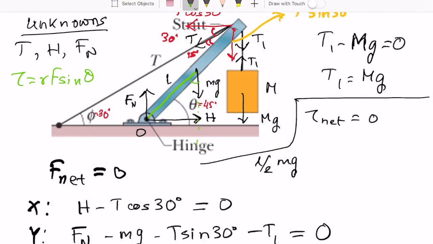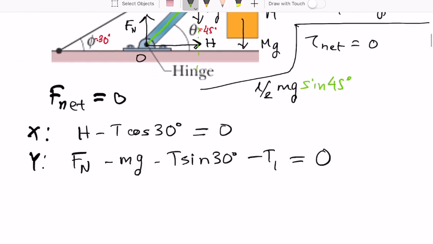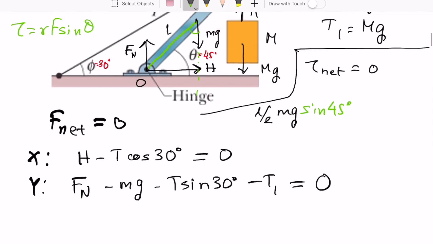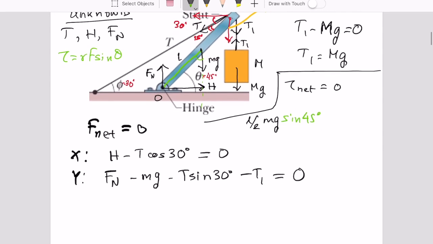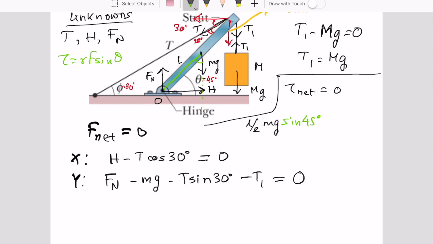And that's going to be 45 degrees. So L over 2 mg sine 45 degrees, directly from r F sine theta. Okay, the next torque that we are going to calculate is going to be the torque of... maybe I should just write the torque equation over here. The problem is, oh, I can resize the figure. Okay, so yeah, maybe that's better.